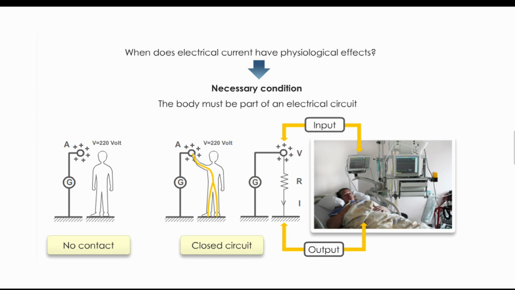It only takes a small amount of electrical current, if it goes through the heart, to create an electrical shock. So preventative measures are crucial, which is the role of medical engineers in hospitals.